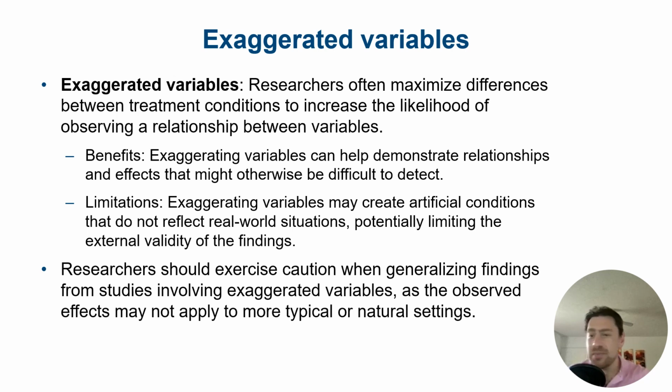Now, one problem here is cross-species generalization that we talked about earlier. But another problem could be this problem of exaggerated variables. Because again, in some of these studies, you give animals ridiculous amounts of drugs that people in the real world probably wouldn't use, which again creates problems for external validity. So again, if your study has exaggerated variables, you have to be careful in generalizing to the real world, where the real world analog of those variables may not be as exaggerated.